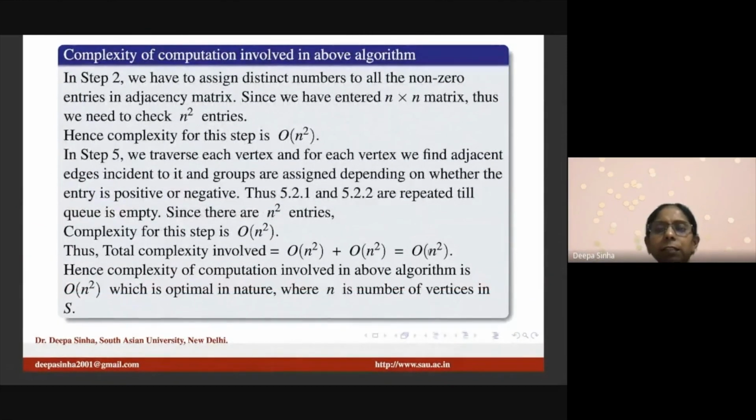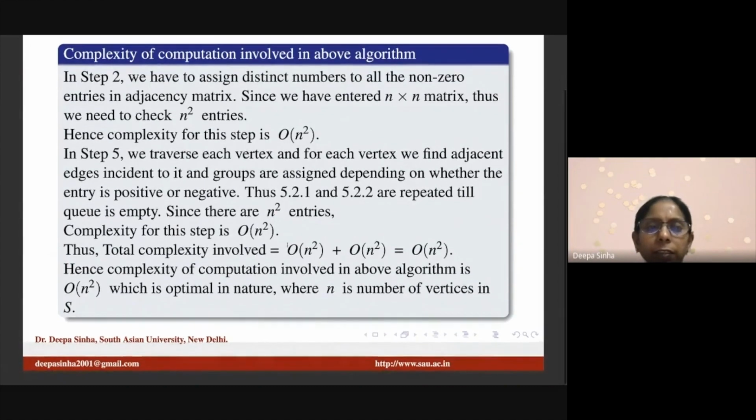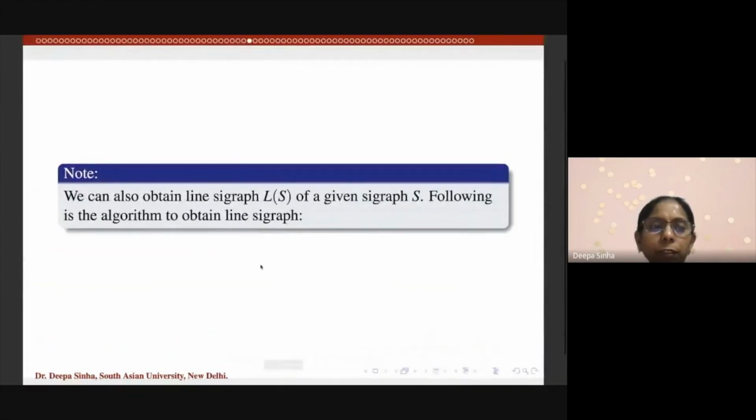If you check this algorithm, the complexity is of order n squared, although Harary and Kabell have given order n for this algorithm, the complexity of the algorithm to find the balance, sorry.